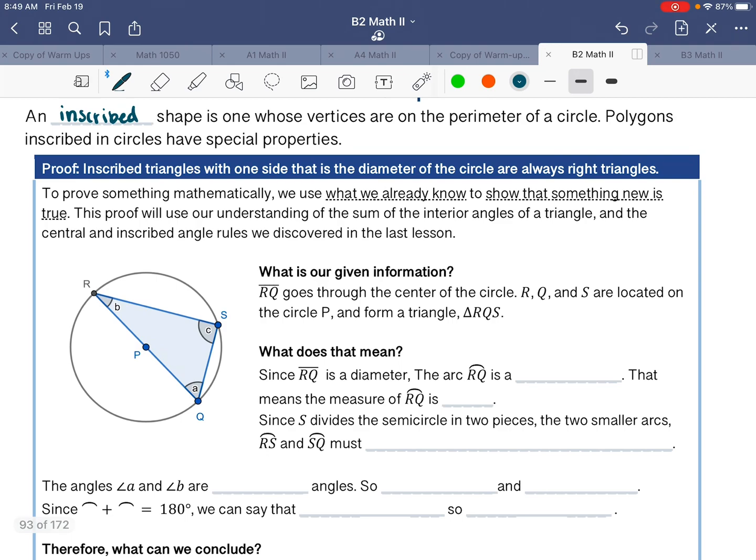So first of all, to prove something mathematically, we use what we already know to show that something new is true. So we're using a couple of facts, and we'll talk about what facts we're using to lead others and ourselves to the conclusion that something new is true.